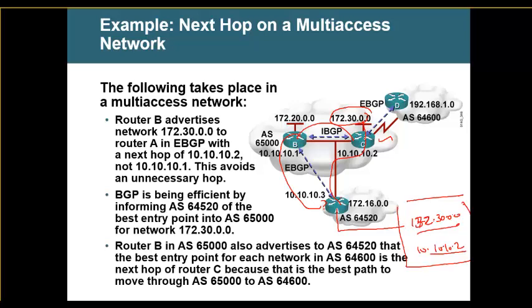C is advertising this network and B learns it. B gives it to A now. But when B gives it to A, it won't put B's address. B won't put its own address. B will put C's address and send it. Why? For A to reach C is shorter directly than going via B. And B knows that because it has the route information.